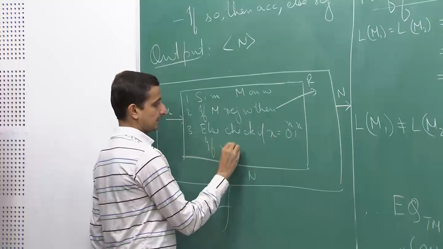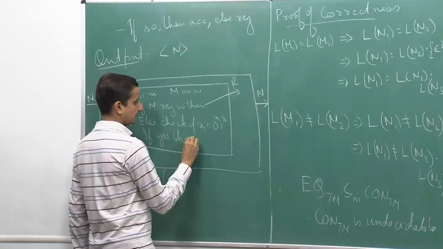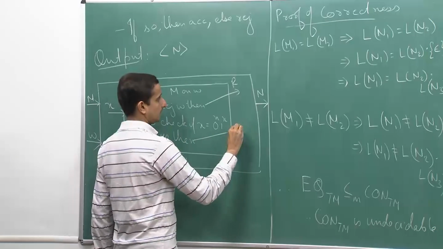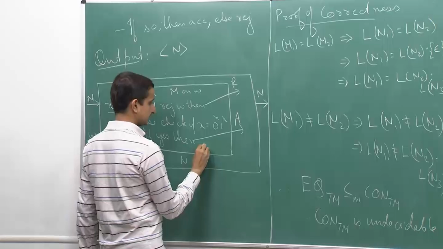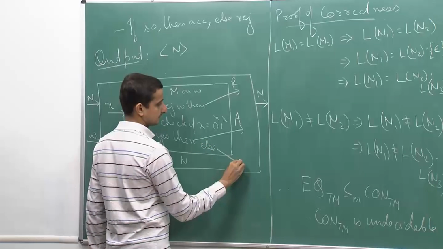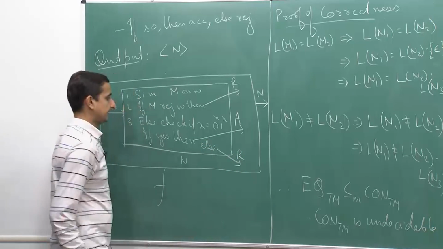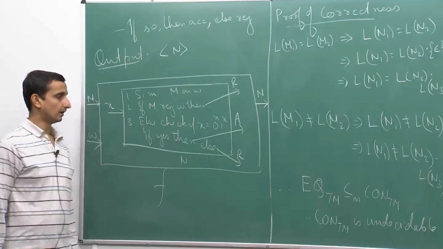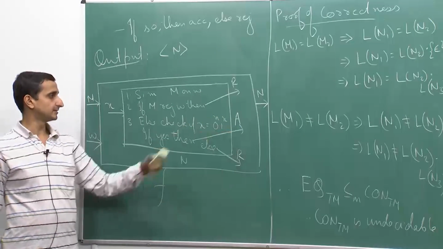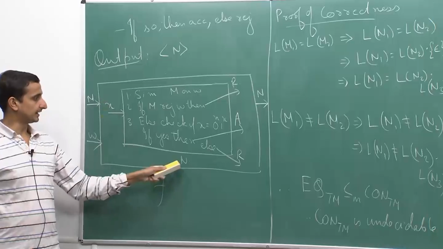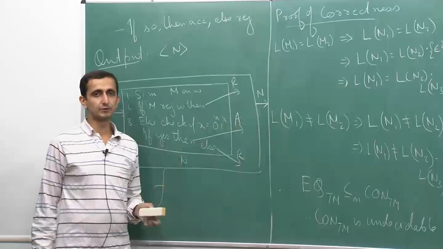If yes, then it accepts, else it rejects. So, it is rejecting in these two cases, it is accepting here. This is the design of the machine, and f finally outputs the machine.